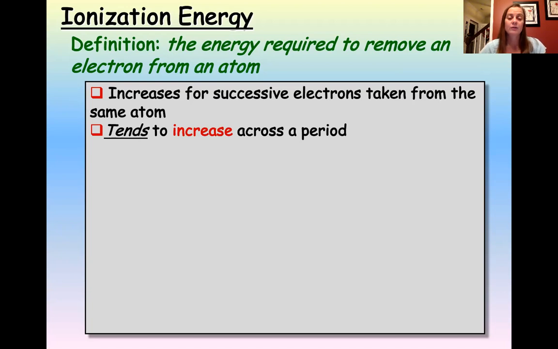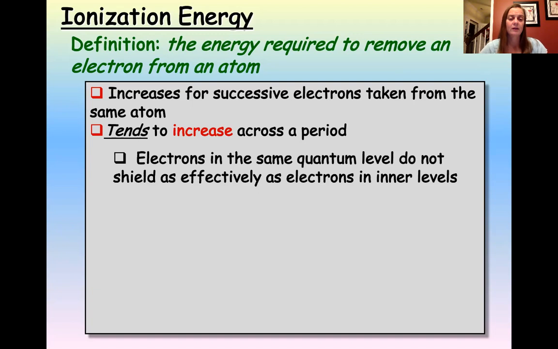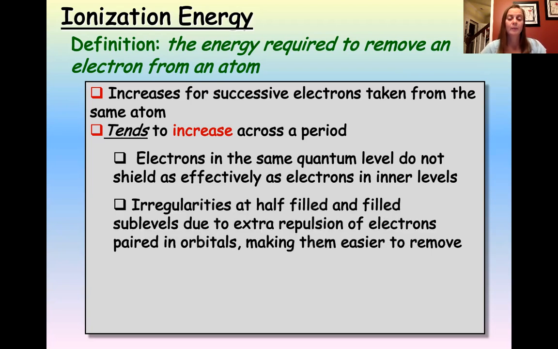Ionization energy also tends to increase across a period because as that radius is getting smaller, it gets harder to remove the electrons. Electrons in the same quantum level don't shield as effectively as those electrons in inner levels. There are some irregularities when we have half-filled sublevels.